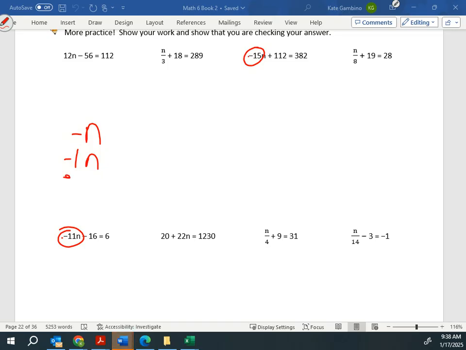So we need to multiply that by another negative, because we want it to be a positive. So we always want it to be a positive n. Your answer might be negative, positive n equals negative something, that's okay. But it has to be a positive n, so if it's negative 15, we have to divide by negative 15. Sophie, you definitely can use a calculator, yes.